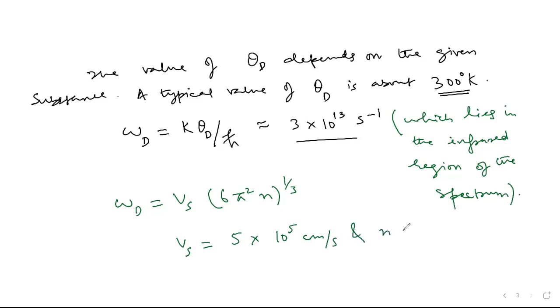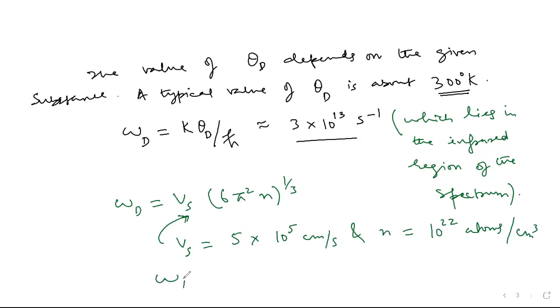and n, concentration of atoms in the solid, as 10 raised power 22 atoms per cubic centimeter. Put it in this equation. Vs 5 into 10 raised power 5 centimeter per second. Small n equal 10 raised power 22 atoms per cubic centimeter.